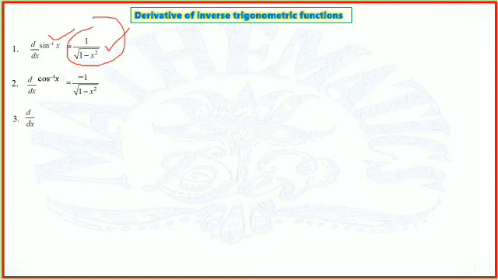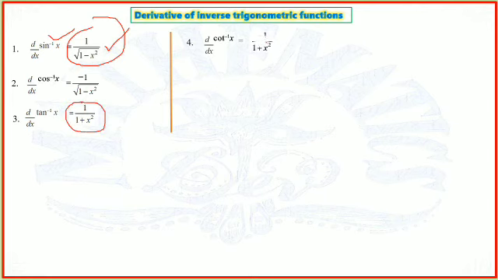Third one is the derivative of tan inverse x, which is equal to 1 upon 1 plus x square. The fourth one is the derivative of cot inverse x, which is minus, same as what we got here, minus 1 upon 1 plus x square.